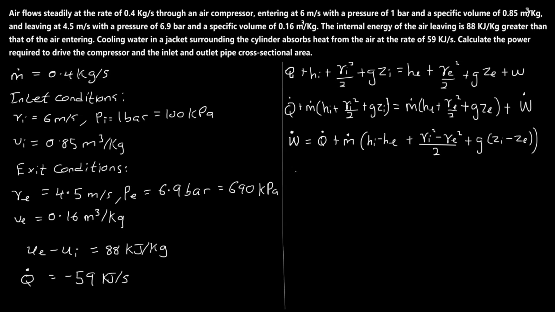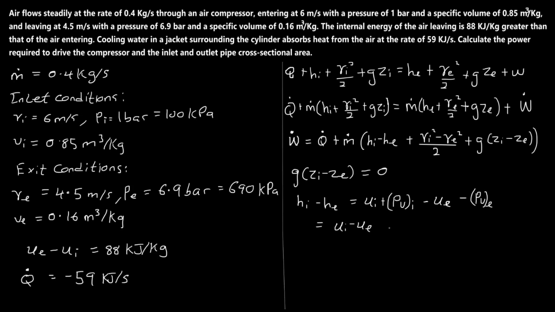There was no mention of any change in the potential energy or height, so g times Zi minus Ze equals 0. Hi minus He, the difference in the specific enthalpies, becomes Ui plus PiVi minus Ue minus PeVe, or Ui minus Ue, the change in the specific internal energies, plus PiVi minus PeVe. So the power becomes this.